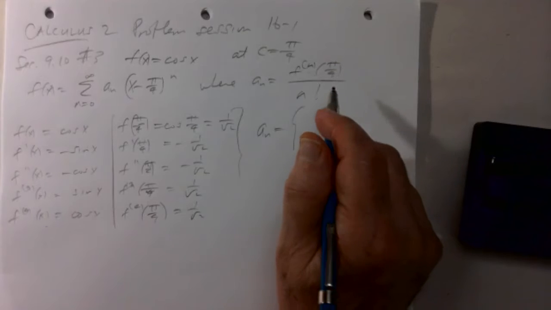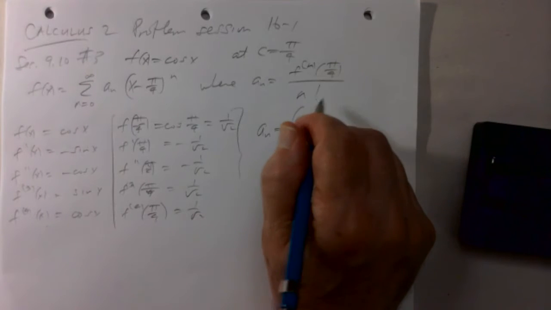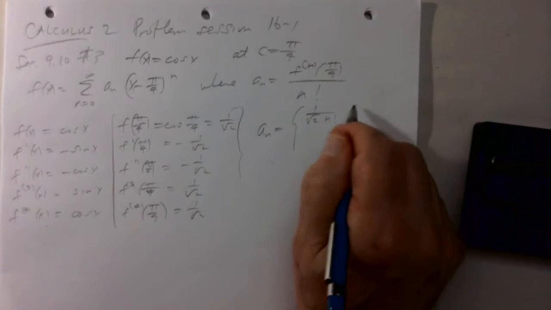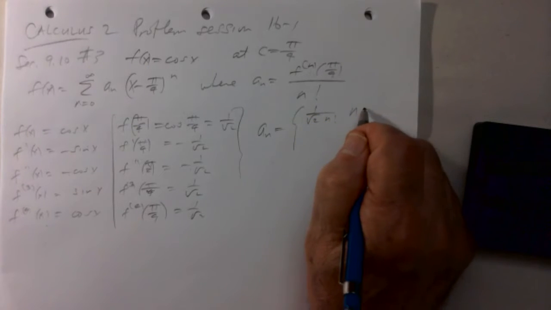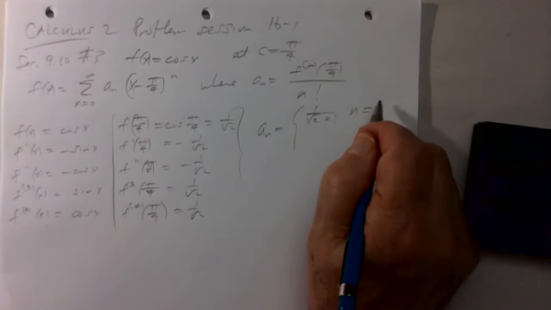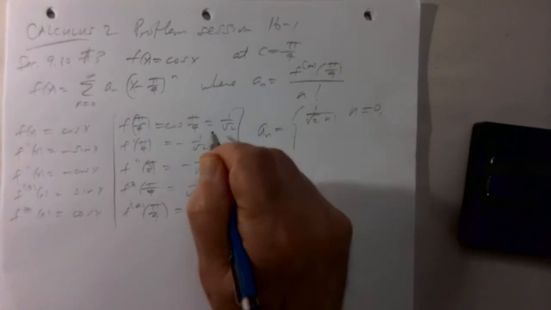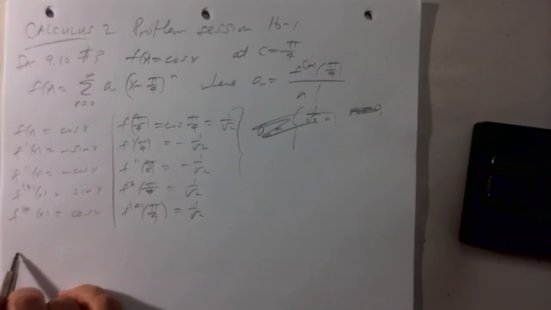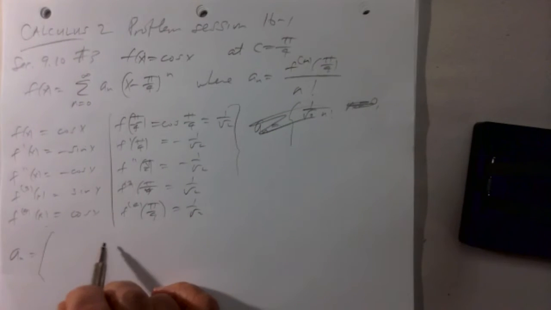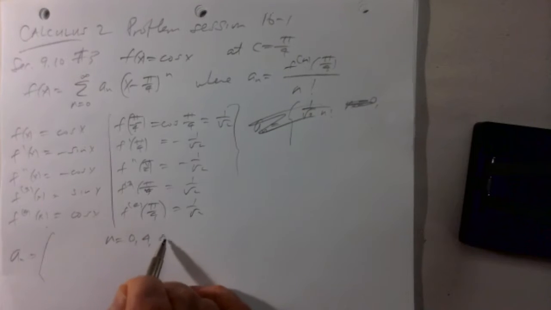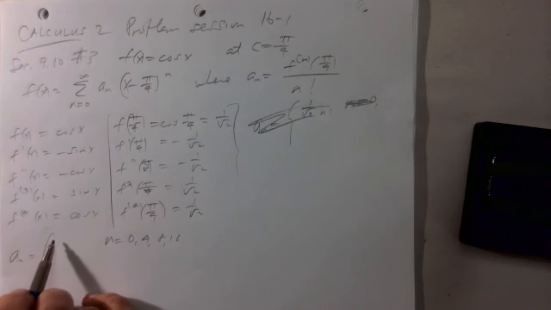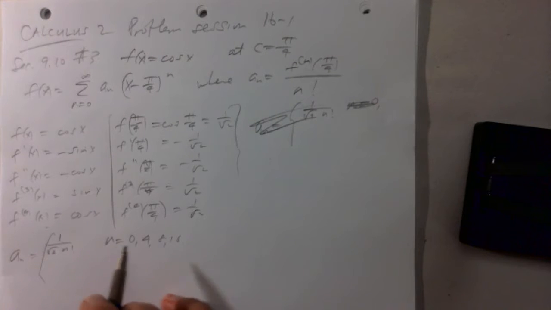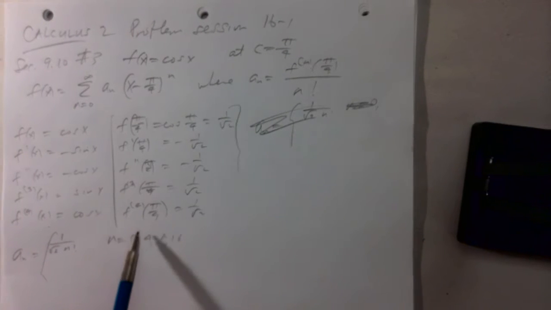So this is equal to 1 over the square root of 2 times n factorial if n is a multiple of 4, let me write it here where I have more space. So if n is equal to 0, 4, 8, 12, and so forth, you get 1 over square root of 2 times n factorial.